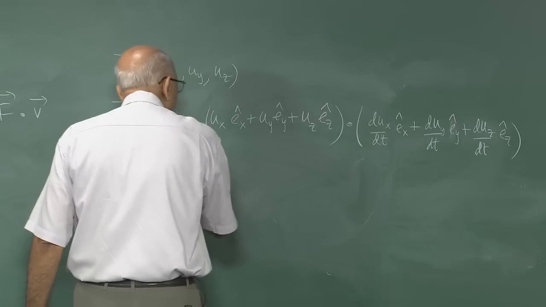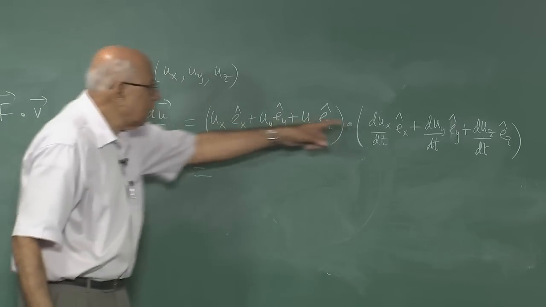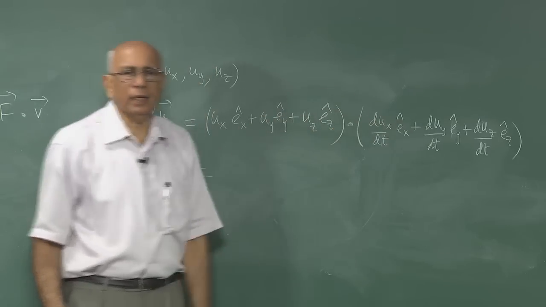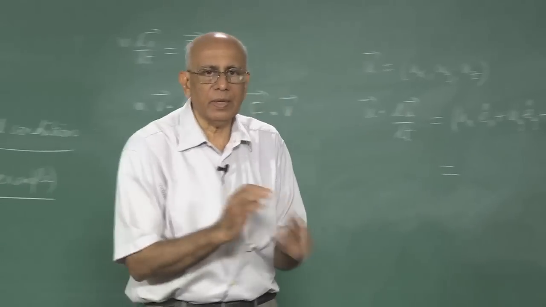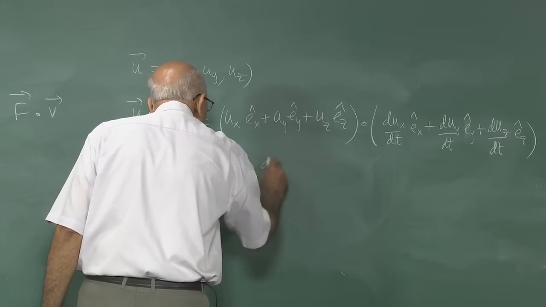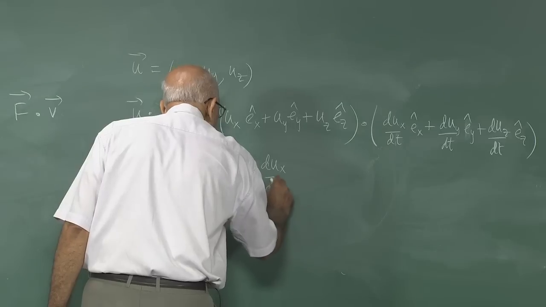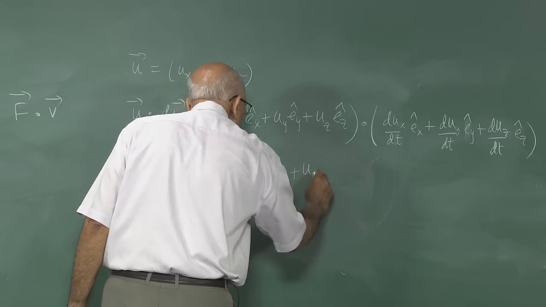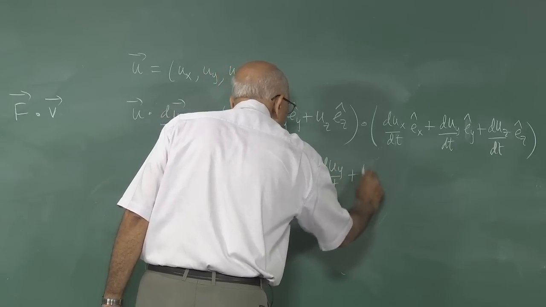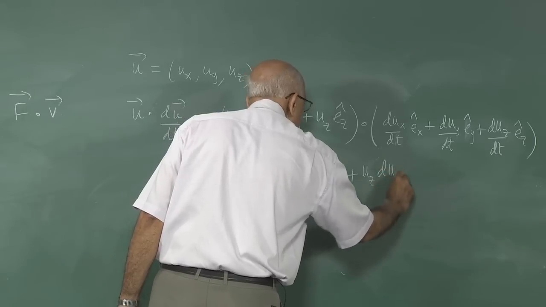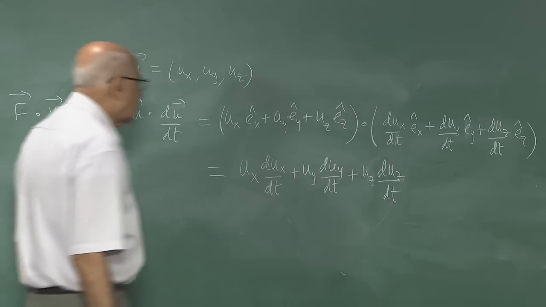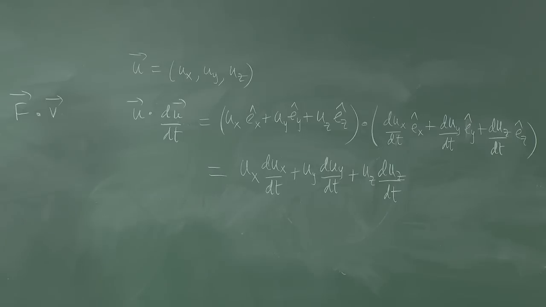Ex dot ex is 1, and ex dot ey is 0 and ex dot ez is 0 because these are perpendicular vectors. Therefore, this becomes ux dux over dt plus uy duy over dt plus uz duz over dt. It's identically equal to that.